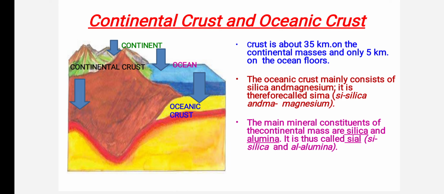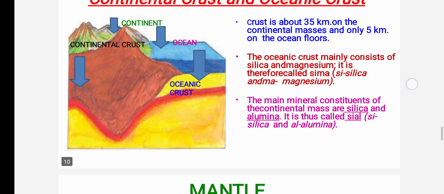The continental crust is about 35 kilometers thick because the land is very thick under the mountains, plateaus and plains when compared to the oceanic crust. The thickness of the oceanic crust is just 5 kilometers under the ocean floors. So you can see a lot of variation in the thickness of the crust under the oceans and on the continents.